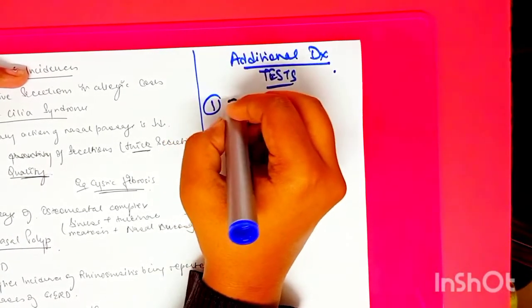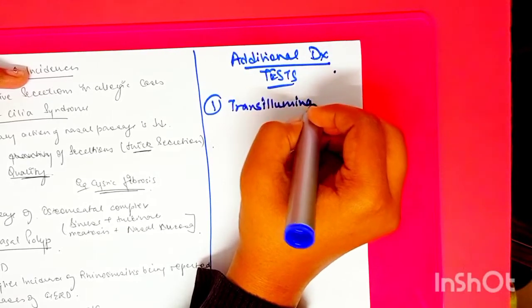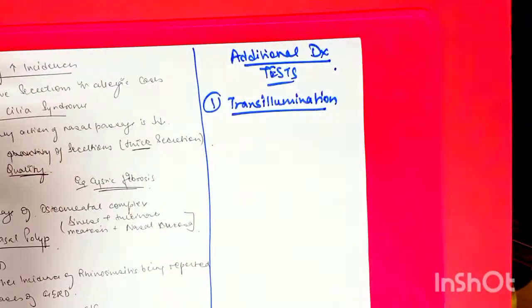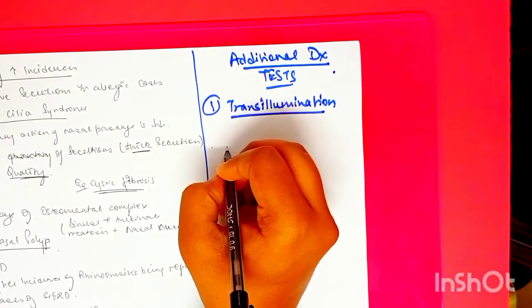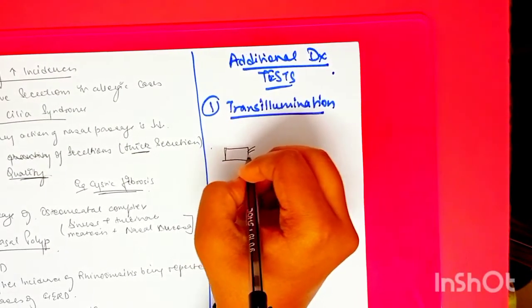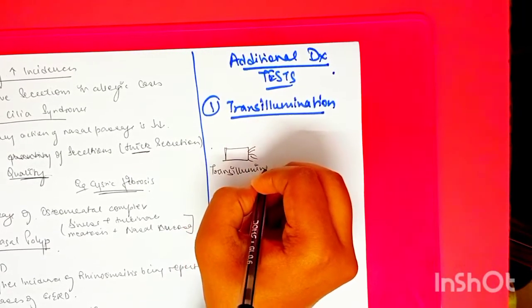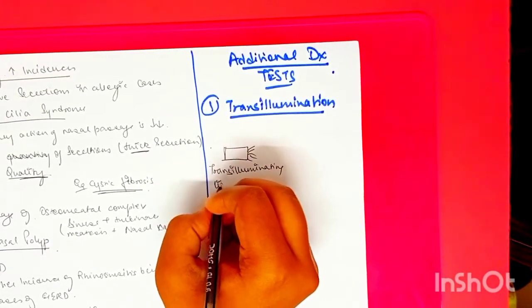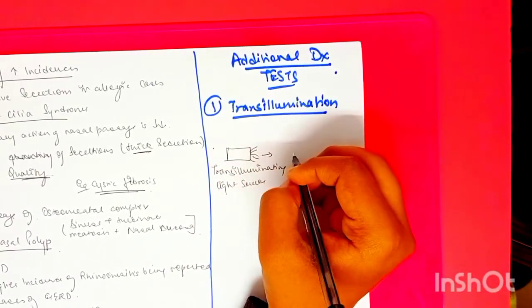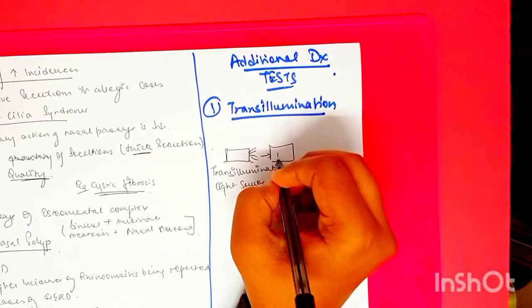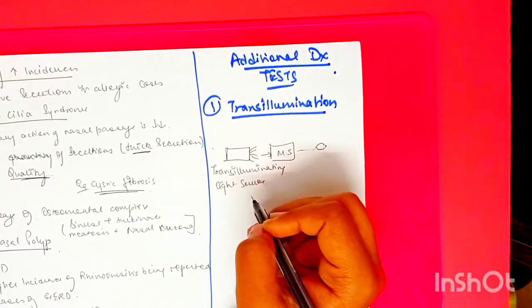first is transillumination. In this test, we take a transilluminating light source and we try to see the maxillary sinus through it, and we put it intraorally.